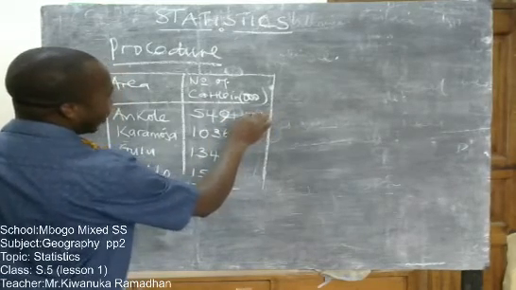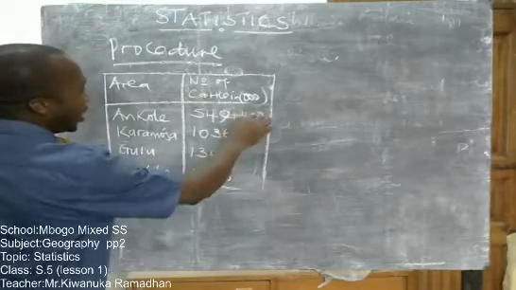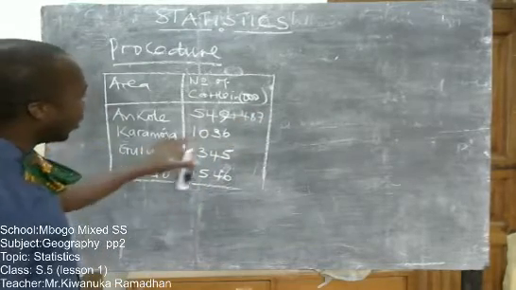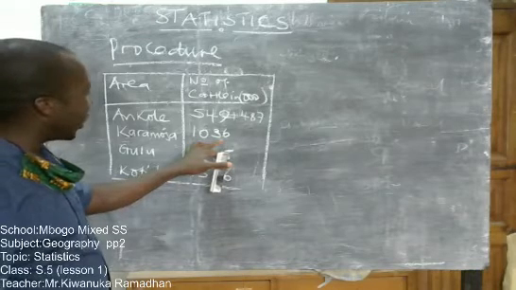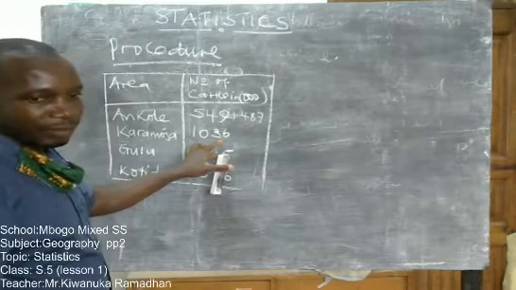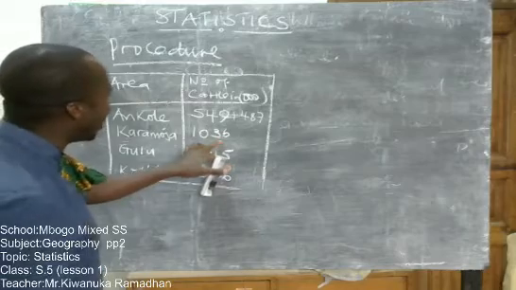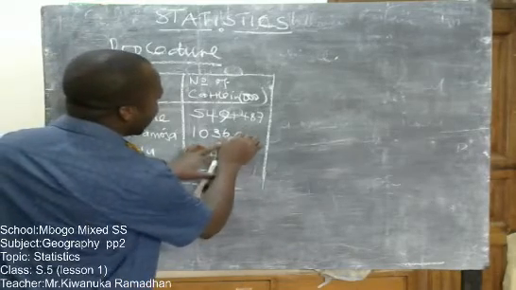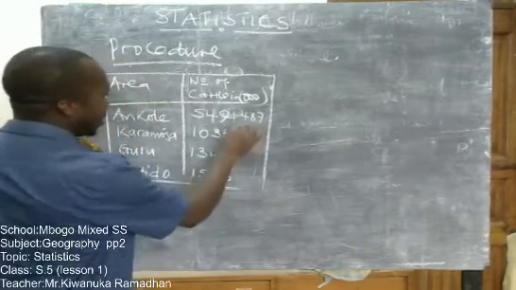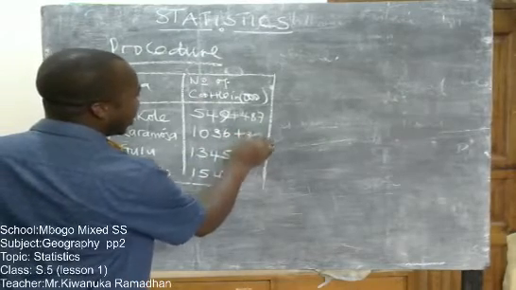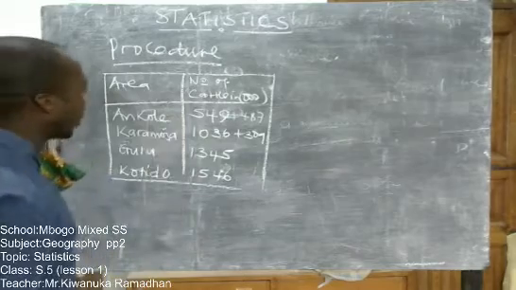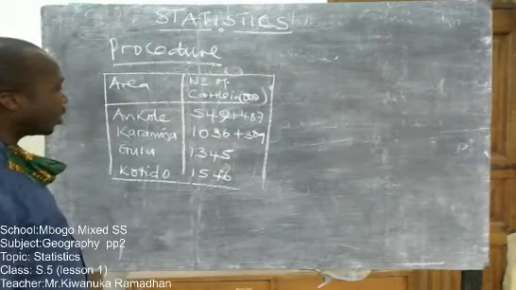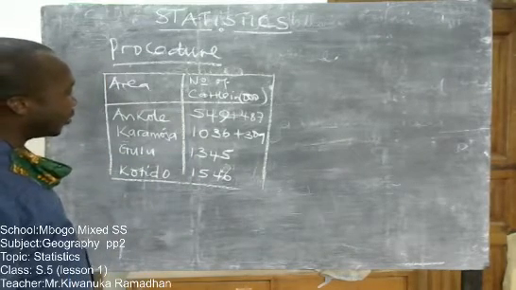487, this is for Kalamoja, it is what we added to get 1036. Then what came third was Gulu. Gulu had 309. So we added 309 to give us 1345.